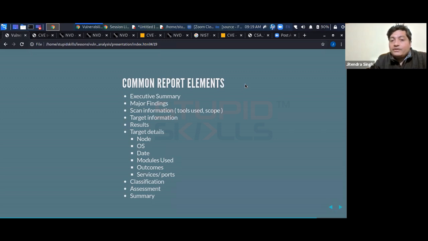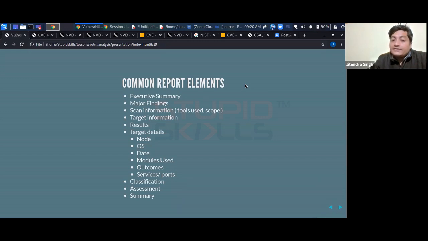You should have detailed information of the target, then some of the results from your scans. If you have the target details, then which node was it. Node relates to a device or a system. Then which OS it had, the date, which modules you were using, then what outcomes you found, and against which services and ports.